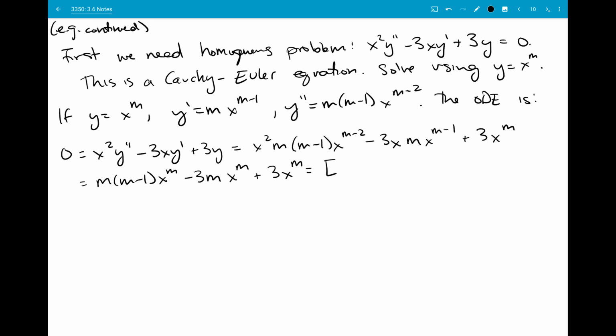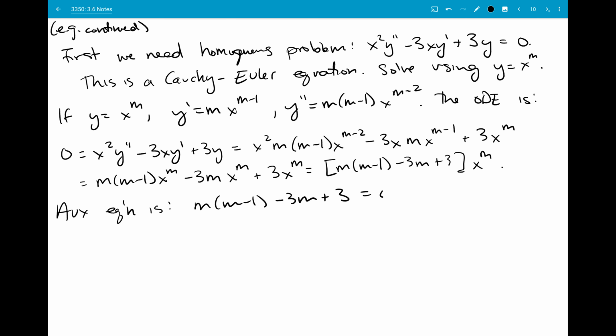And we can factor out that common x to the m to give us m times m minus 1 minus 3m plus 3, times x to the m. So all that is stuff that we've been doing in this section. I've been explaining less of the algebra and arithmetic as we go on, so maybe pause and make sure you're with me up to this point. Our auxiliary equation to solve for m is m times m minus 1 minus 3m plus 3 equal to 0.